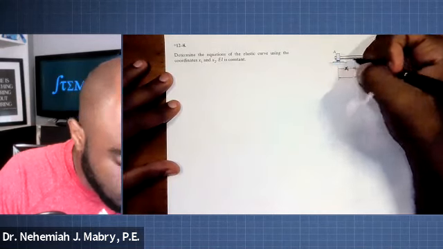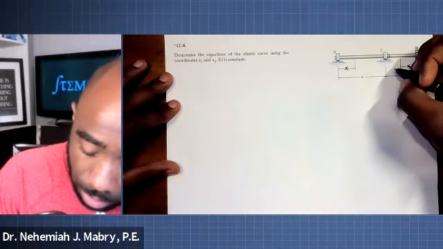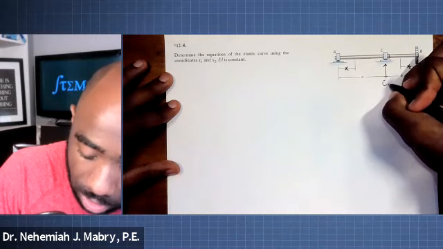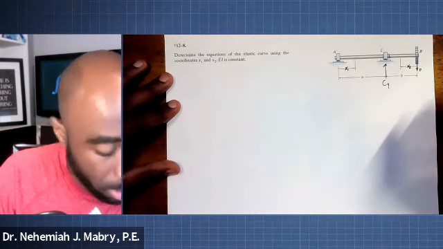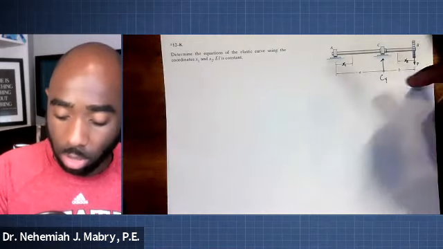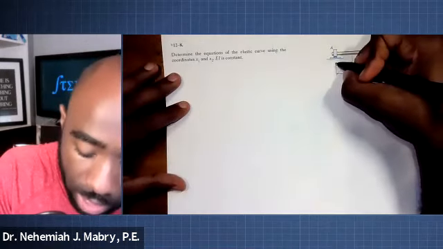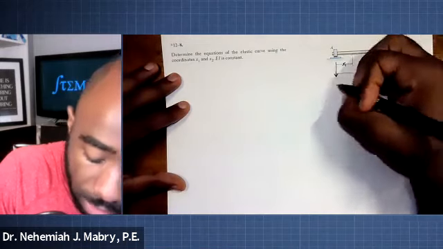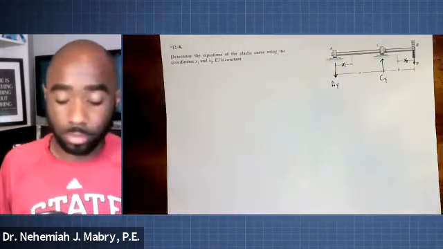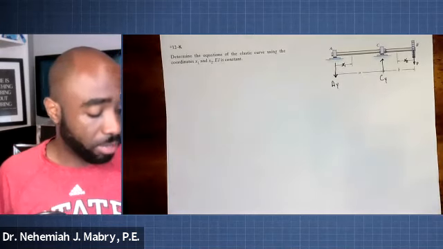We will have C here, CY. And because this is coming down, it's going to want to rotate, so it's probably going to be a negative AY here. That's probably going to be the case right there.